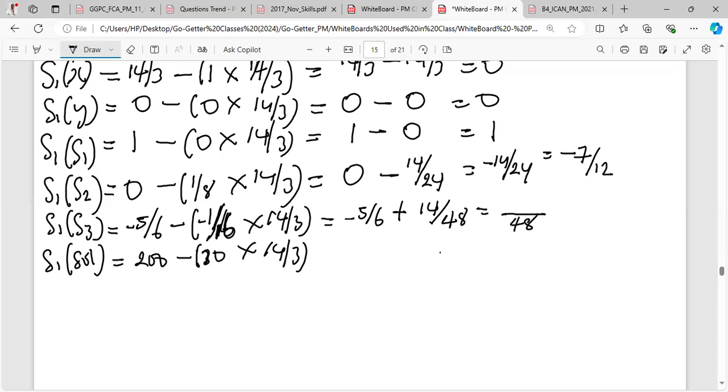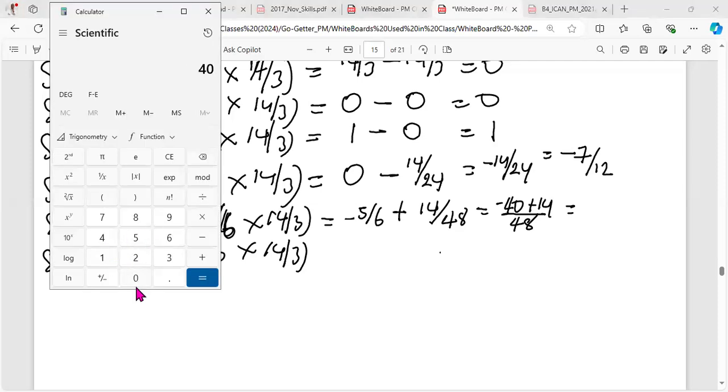6 into 48 is 8. 6 times 8 is 48, right? So now 8 times 5 is 40. So this is going to give me minus 40. 48 into 48 is 1. 1 times 14 is going to give me 14. So this is as good as saying minus 40 plus 14. Let's do that.